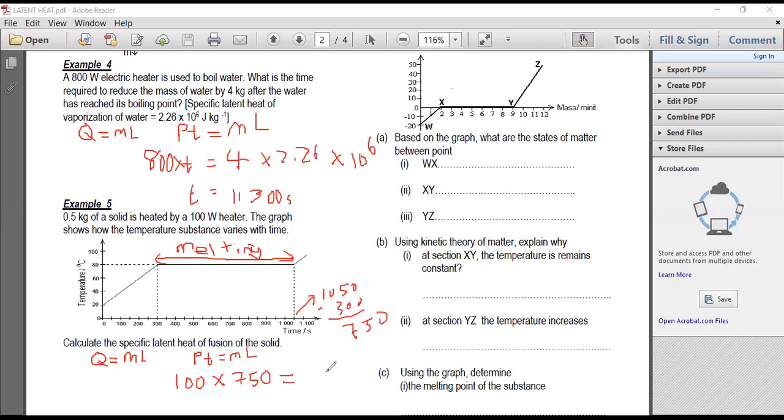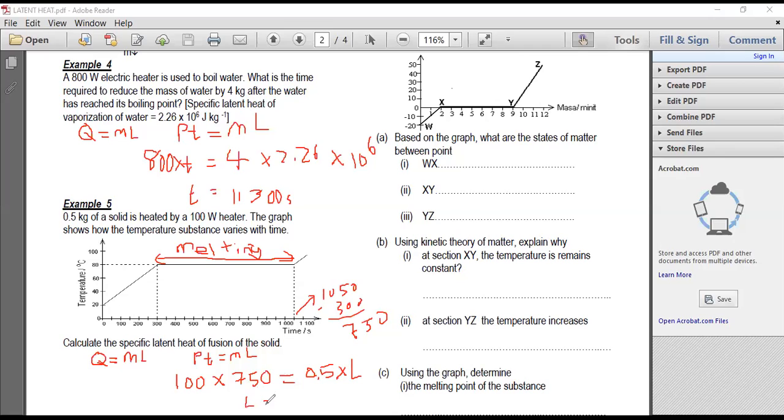And then your mass is 0.5, and then times L. So 100 times 750 divided by 0.5.